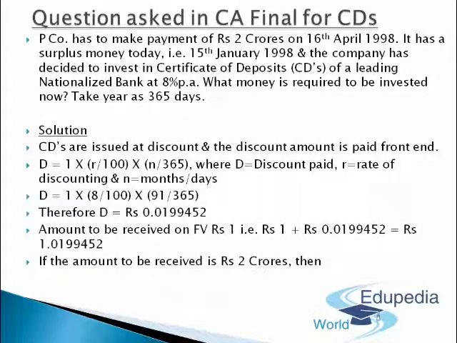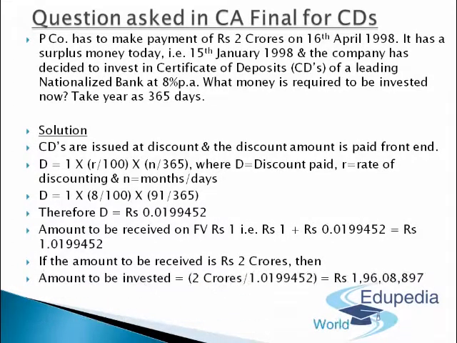If the amount to be received is rupees 2 crore, then the amount to be invested today is 2 crores divided by 1.0199452. The amount will come as 1 crore 96 lakh 8,897. That's how it works.